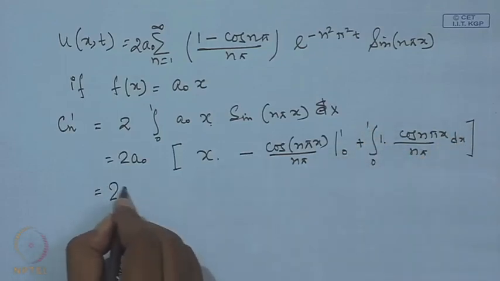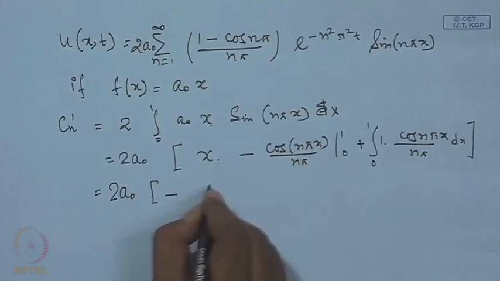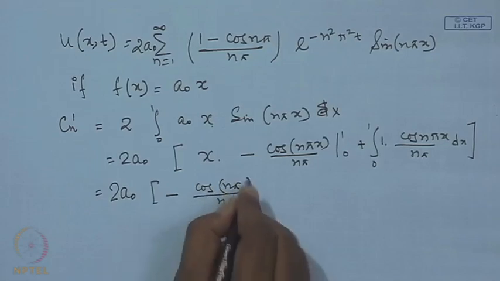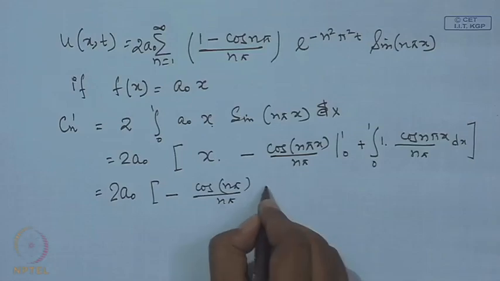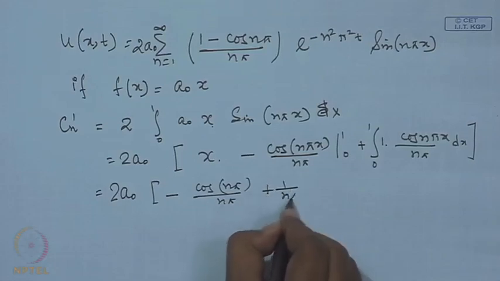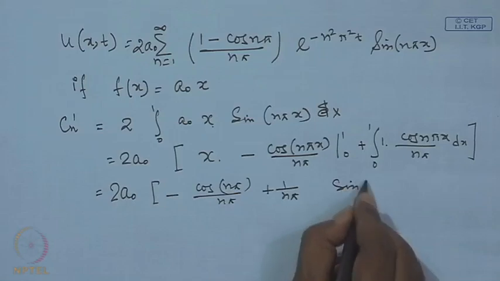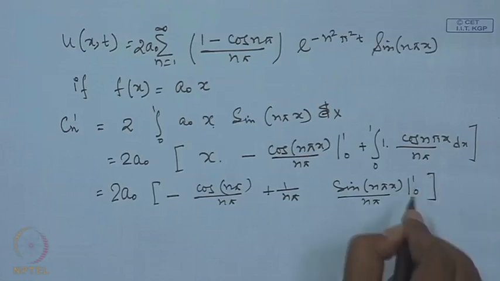So, it becomes 2 a 0 times minus cosine n pi divided by n pi, and when you put in 0, the whole term becomes 0. So, we just evaluate this one. The integral of cosine n pi x is nothing but sin n pi x divided by n pi from 0 to 1. Okay.